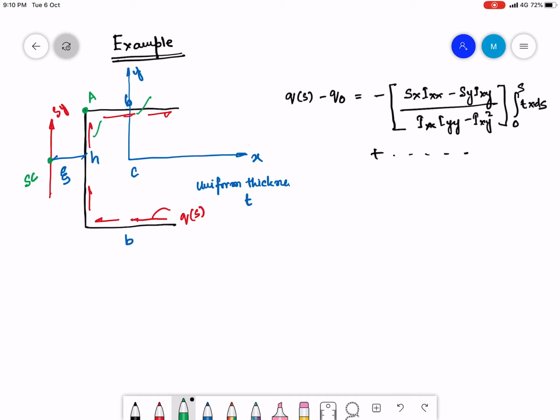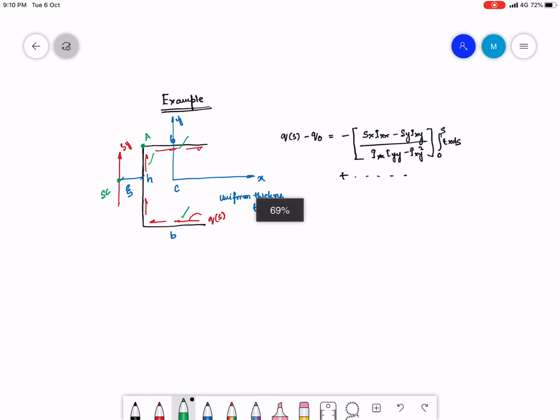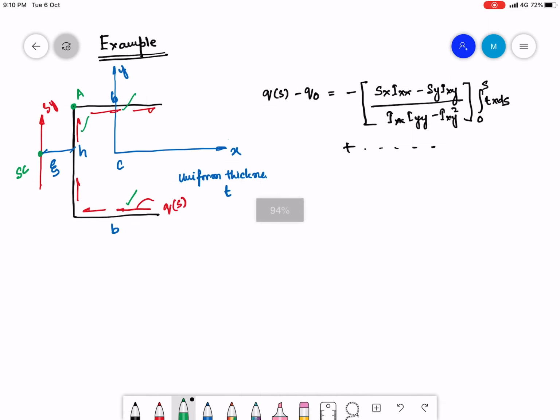So the only contribution to the moment at A is because of this leg. Okay, so let me number the points. Let me call this 1, this 2, this 3, this 4. I mean, let me erase the 8.